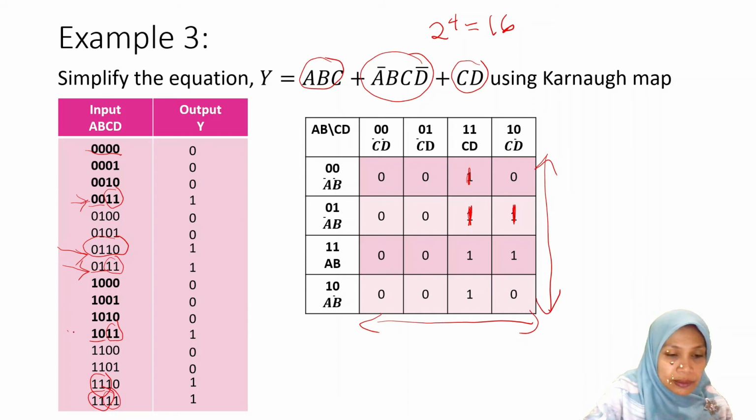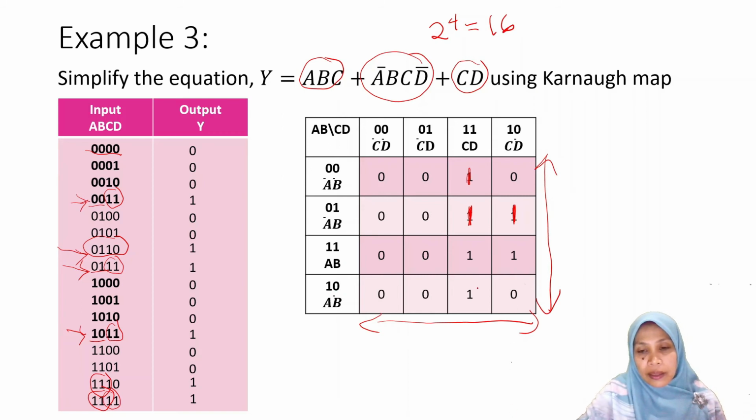And then next is 1011. 1011 is here. Okay, so we write the value 1 into the cell, and next is 1110. 1110 here.